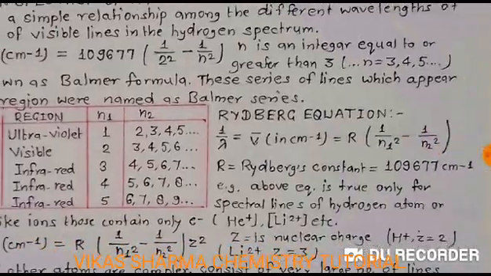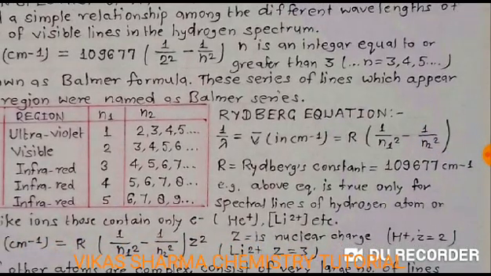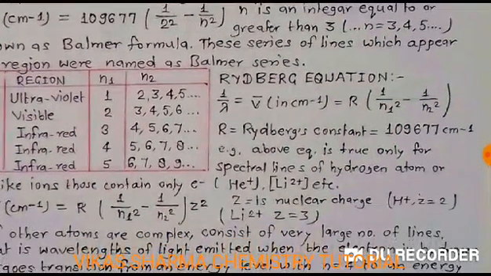So Rydberg equation: 1 upon lambda is equal to nu bar per centimeter, equal to R (1/n1² minus 1/n2²), where R is Rydberg constant, value 109677 per centimeter.